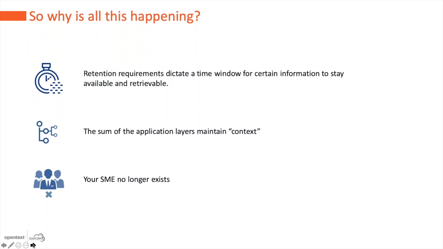They only look at it as, if I take this out, I will lose my application context. This exists for this one tiny function, so I might have to keep it. And then over a period of time, through mergers, acquisitions, or when people just retire, your SMEs no longer exist, and a typically mature application becomes a zombie application. So these are all reasons why this happens.